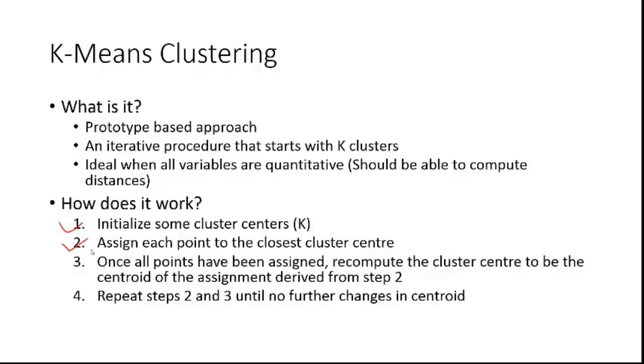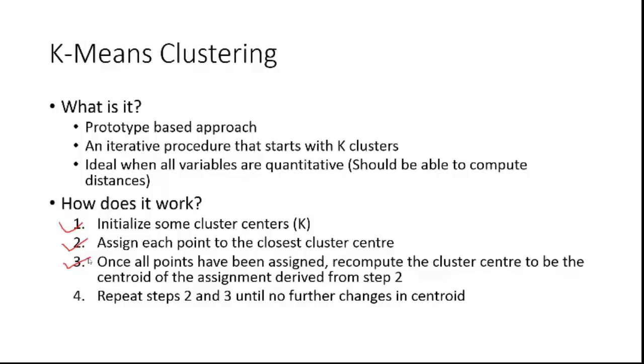Okay. Now, once all of these points have been assigned, what we're going to do is we're going to recompute the cluster center to be essentially the centroid of this assignment of data points derived from step 2. So in step 2 what you did is you assigned a whole bunch of data points to different clusters, right?